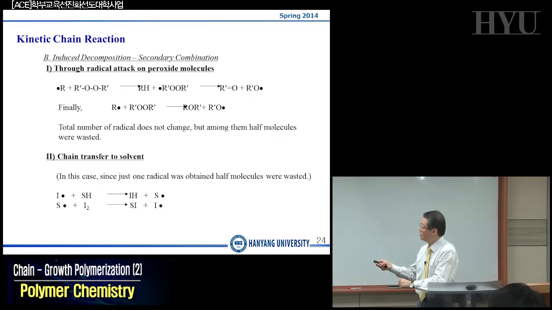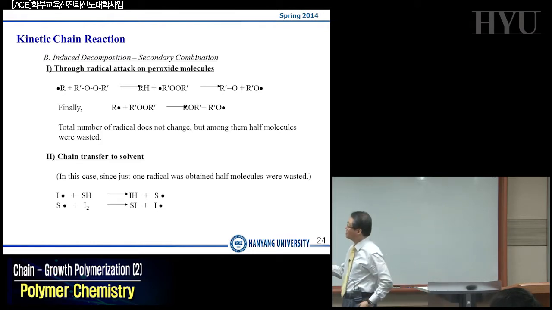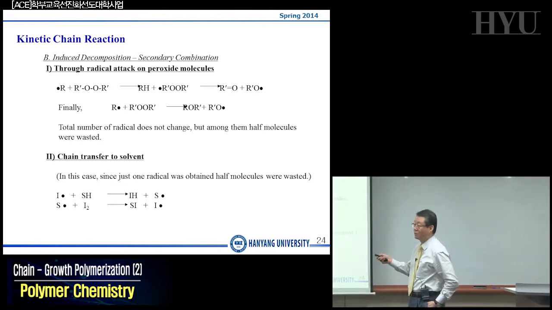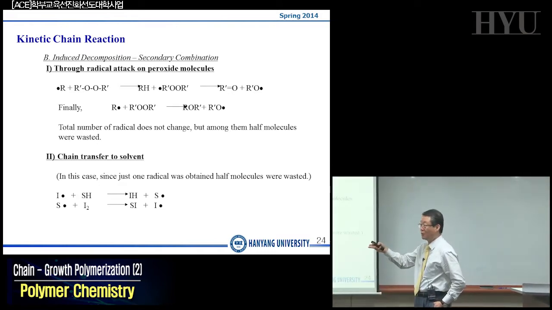But this radical species will become some components like this, and this overall reaction is that although you have one radical and one initiator expected to form the two radicals, we expect from these reactants 3 radicals attacking the monomer, but it forms only one radical at the end of the reaction.